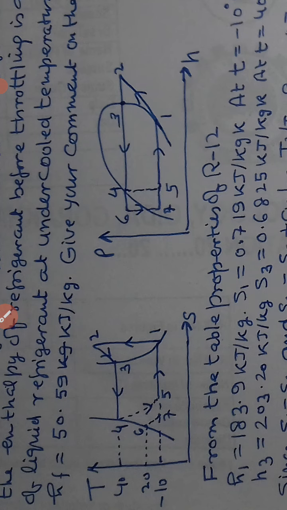Now if it is being undercooled, then on the pH chart it will go from 4 to 6, then 6 to 7 in the expansion valve, and you see on the pH chart also evaporation is increased from 5 to 1 to 7 to 1.